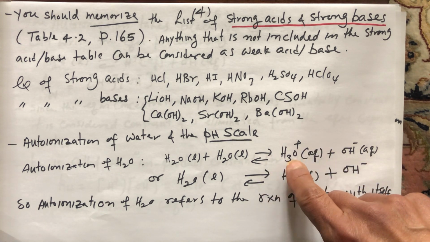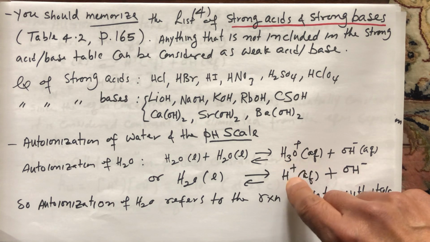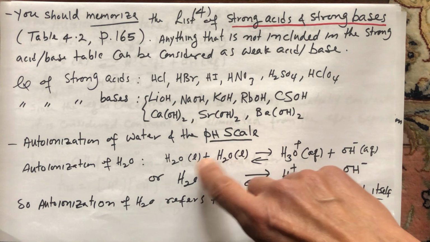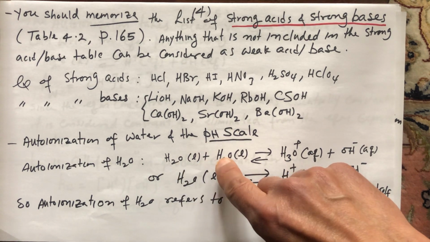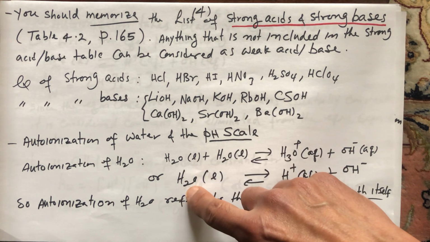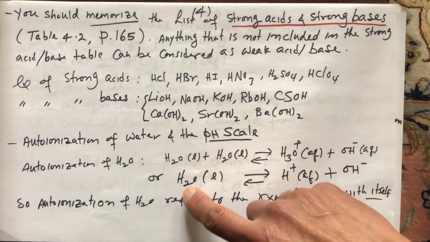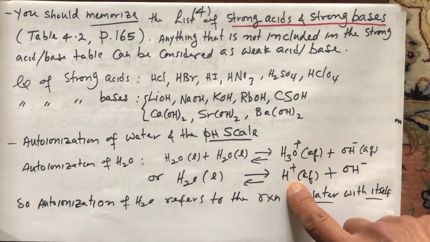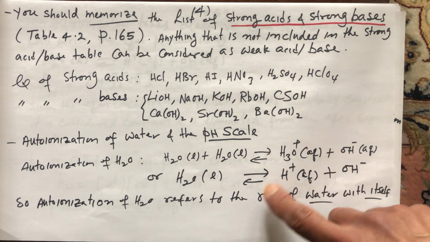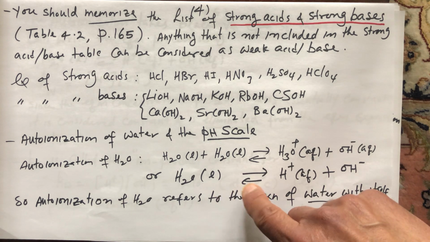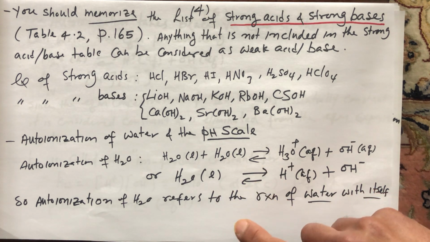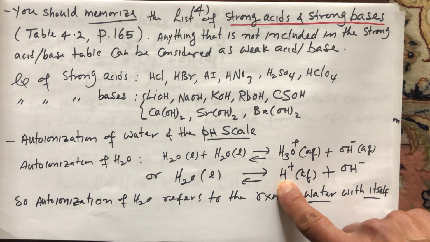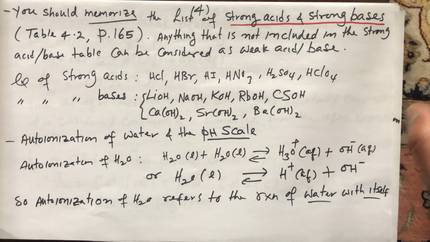Now, I told you before that H3O plus can be considered as H plus, so I can rewrite this reaction simply, because one mole of water reacts with another mole of water, so I can just think of it as water itself. It doesn't matter how many moles we have in there, it's just water. So water dissociates into H plus and OH minus, which is a familiar reaction that we already know, and this reaction is what we refer to as the autoionization of water. Okay, so it's a reaction of water with itself.